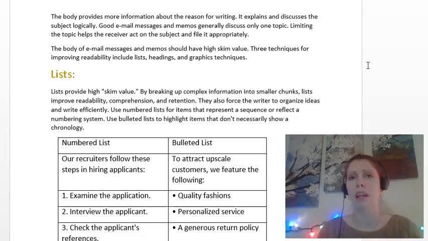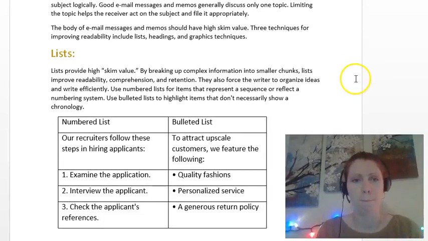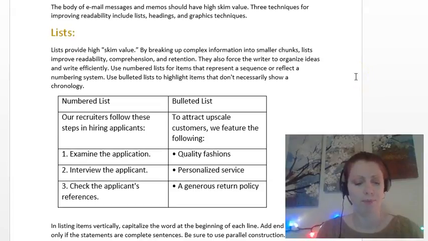Again, I just want to point out that you don't want them to be longer than 3 paragraphs long in general. Now, there are 3 techniques for improving the readability of your emails and memos, which include using lists, headings, and some graphic techniques, which we have seen, but we're going to review. So, using lists.